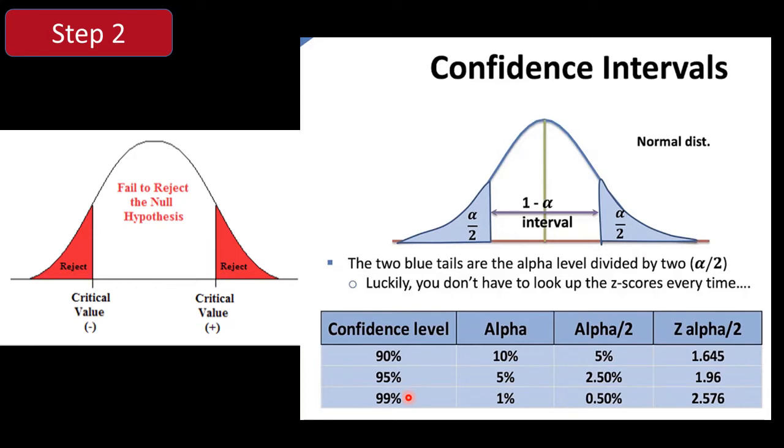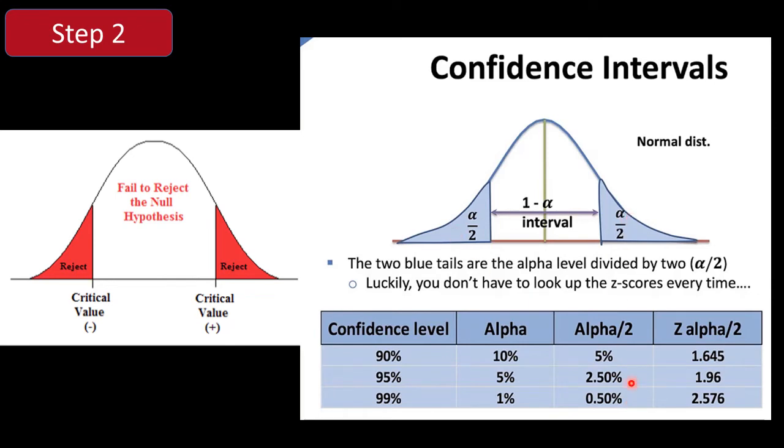Then we'll go to the 99% confidence level. The meaning is that there is a 99% probability to accept the null hypothesis, that means fail to reject the null hypothesis. There is a 1% probability of chance to reject the null hypothesis.